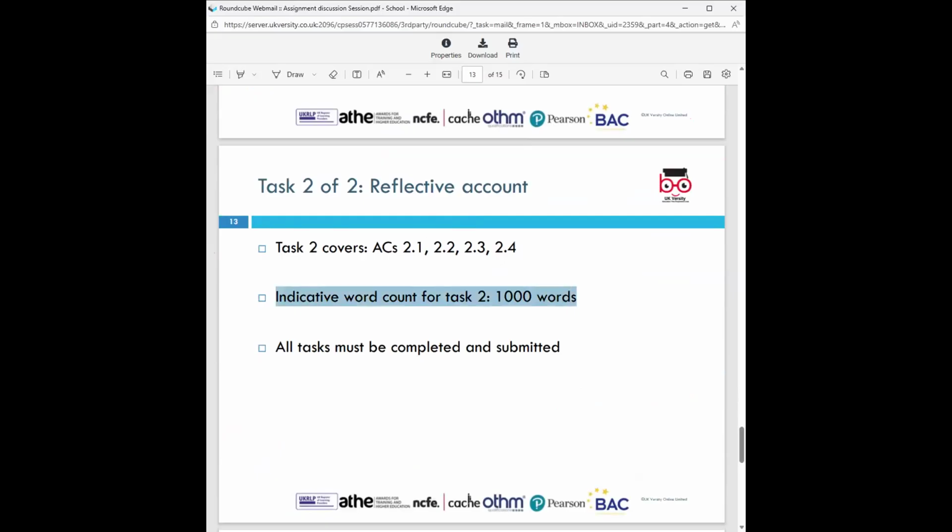And for this, you need 1,000 words. So altogether, you need 4,000 words, okay? Because it's a reflective piece, it's only 1,000 words.